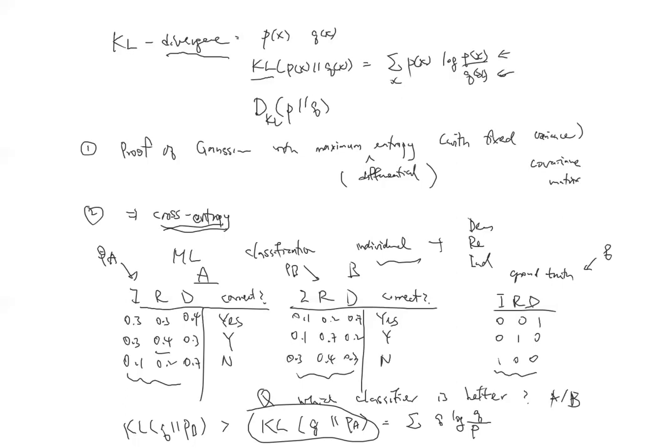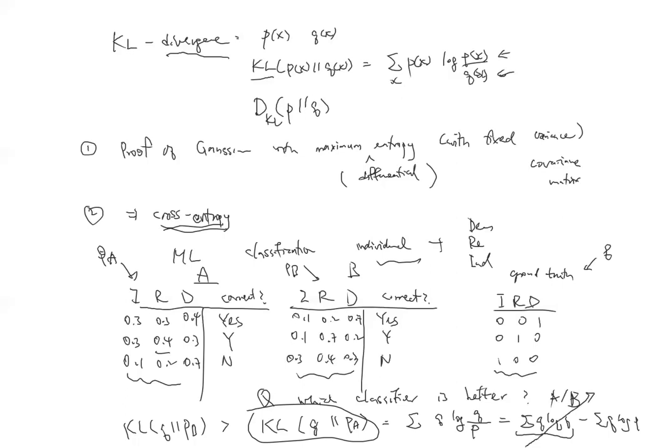It will be equal to Q log Q minus Q log P here, something like that, right? And by the way, I just rely on the ground truth distribution. So in comparing two classifiers, the first term is essentially constant. It doesn't really affect the result.